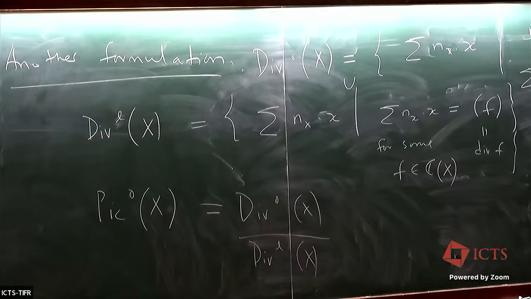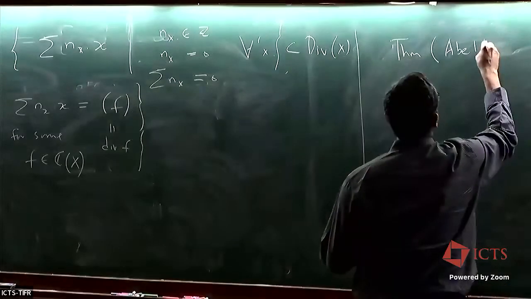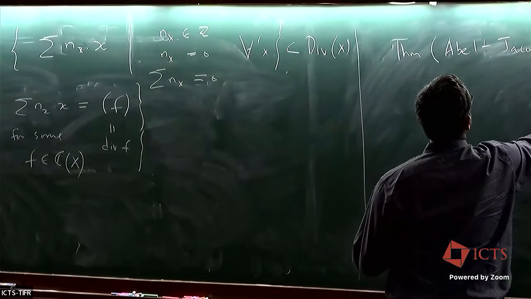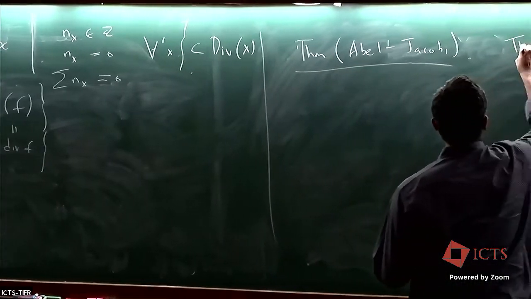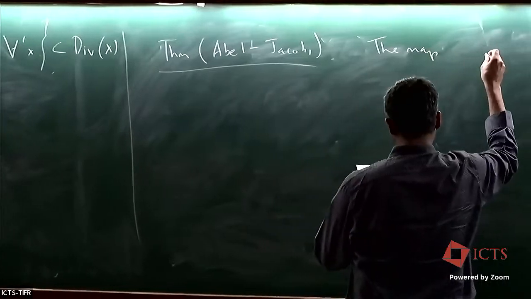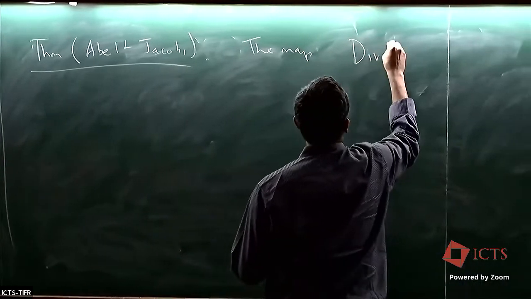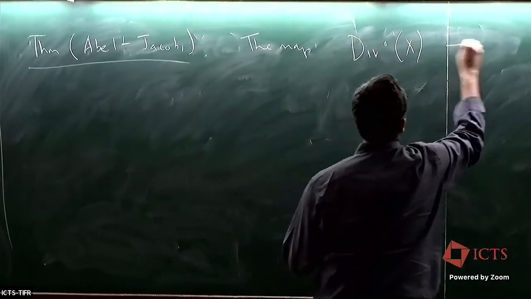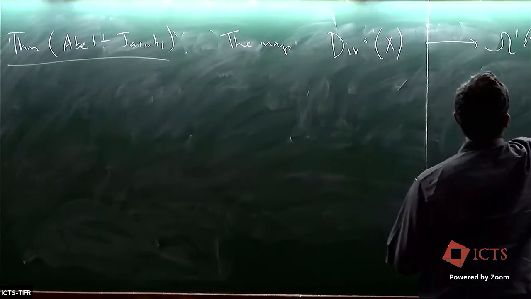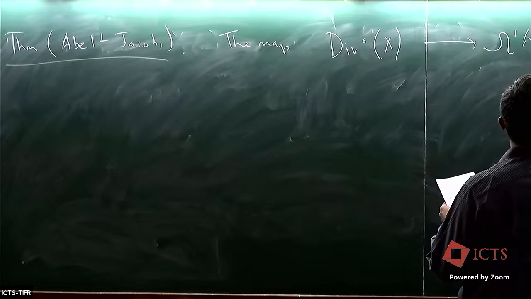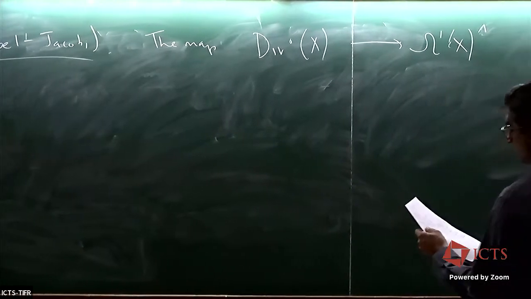So, theorem of Jacobi: Pic 0 is the same as the Jacobian. So the map is basically the integration map. It makes my arrows go the wrong way.